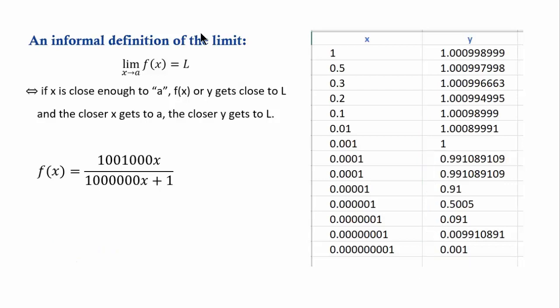So the problem with this definition is that this phrase, close enough, is very relative and to mathematics ambiguous, because what was enough in the first example is not enough in the second one.